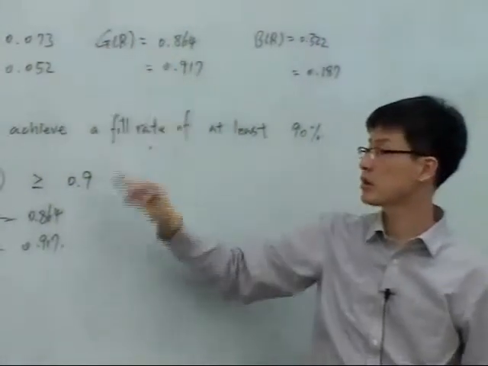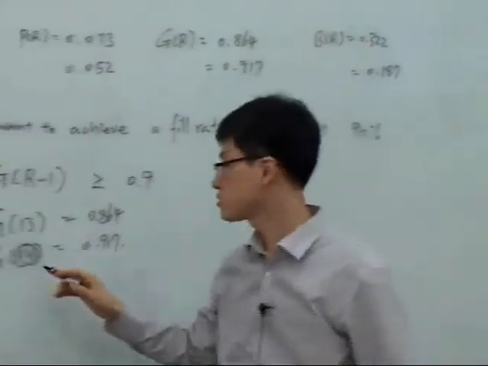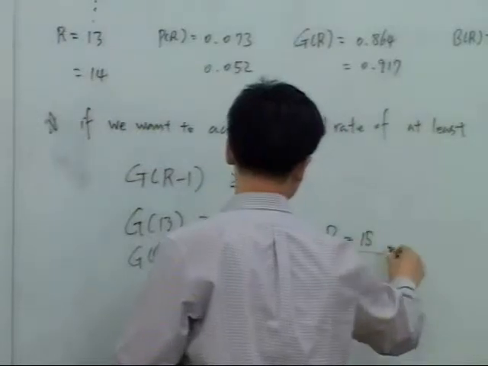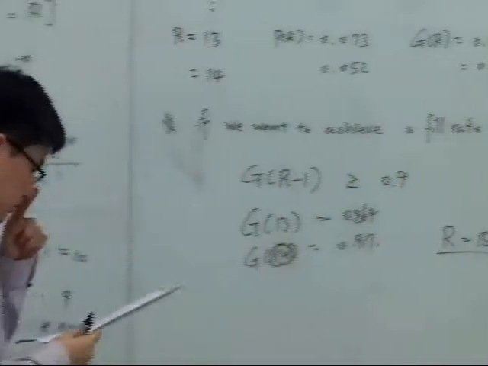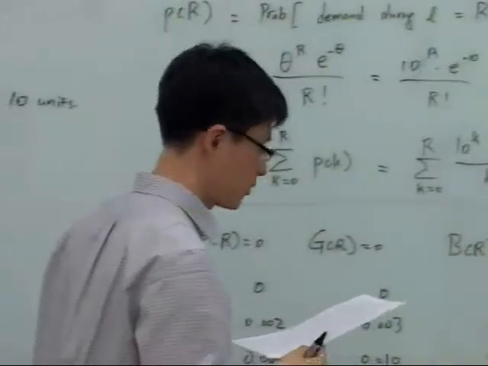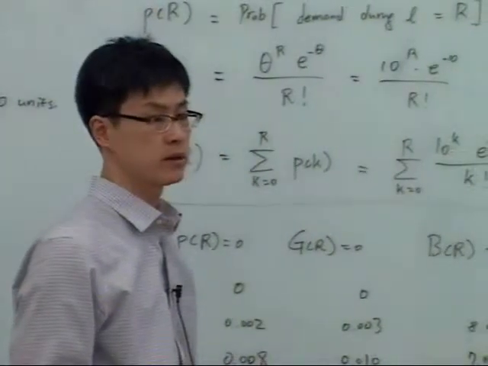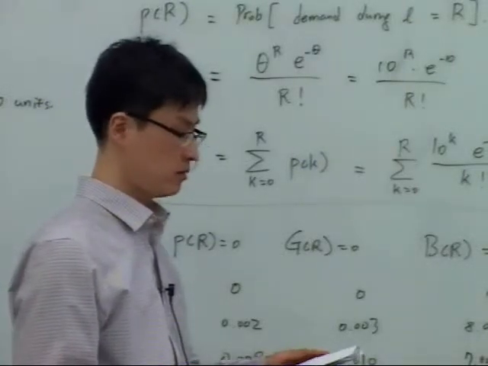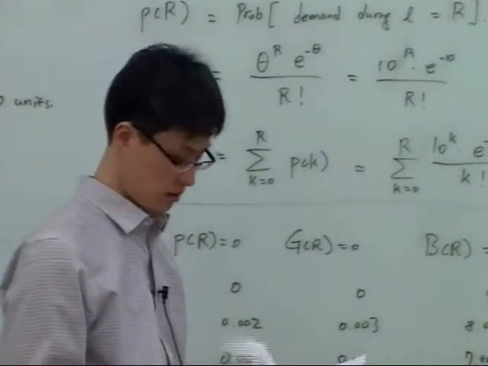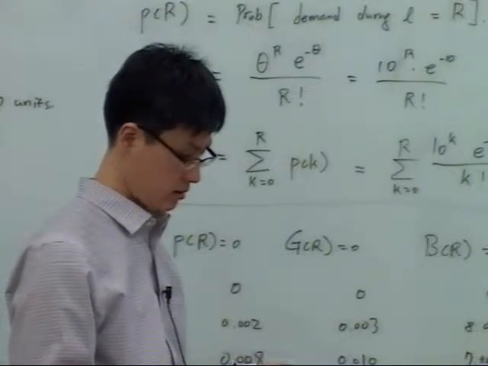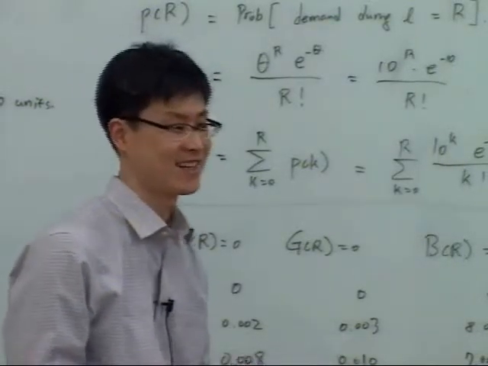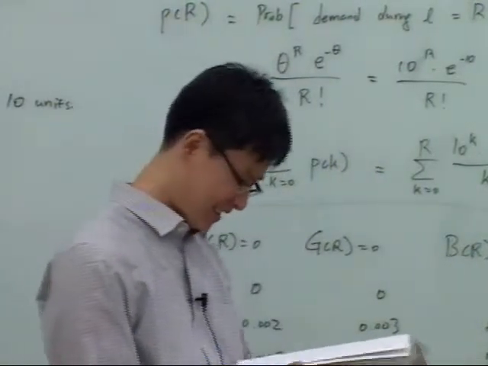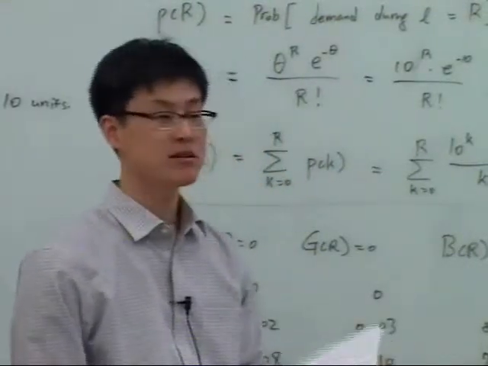With 13, we cannot satisfy that. So if we choose 14, then R should be 15. Okay? What is R, by the way? What's the definition of R? Come on, guys. What's R? Yes. What is inventory position?